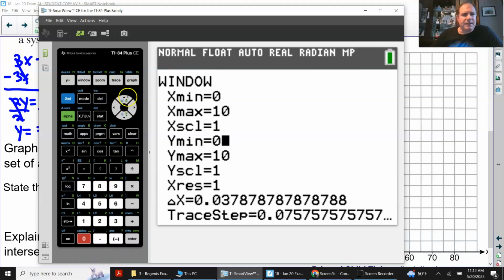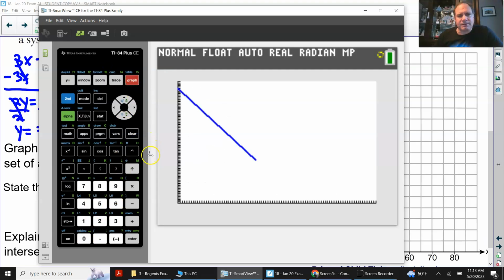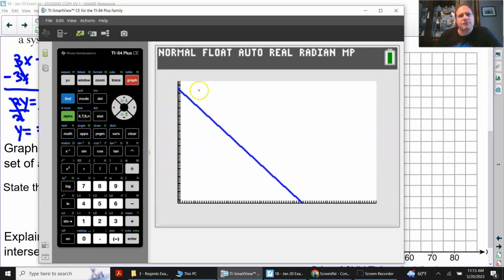Negatives are gone. And then I'm going to extend the graph all the way to 90 for the x max, because that's what the graph on the Regents gives. And the y max would also be up to 90 because that's what they give you.